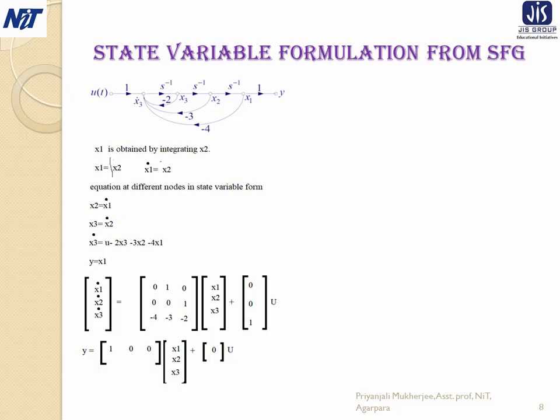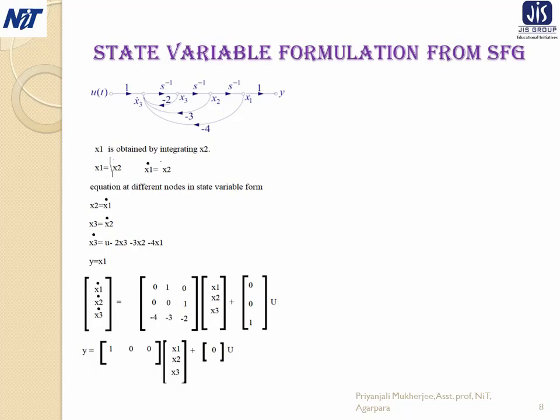First, from this diagram we can see that x2 is going to x1, and s to the power minus 1 is written over here. That means x1 is obtained by integrating x2. Similarly, x2 is obtained by integrating x3, and x3 will be obtained by integrating x3 dot.